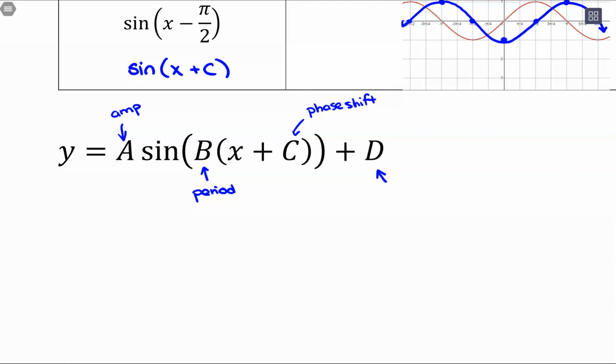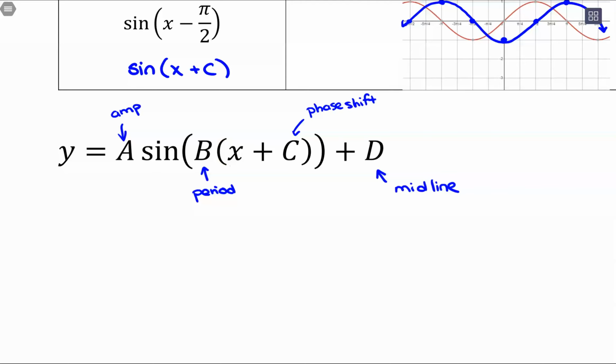And D is going to tell us about the midline. Notice inside the function, B has to be factored out. So if you have multiple values in here, in order to see B and in order to correctly see C, you would need to factor out the value for B, and it would just be whatever's multiplying with x.